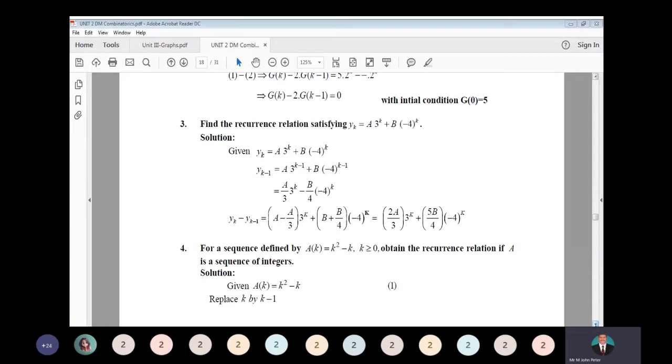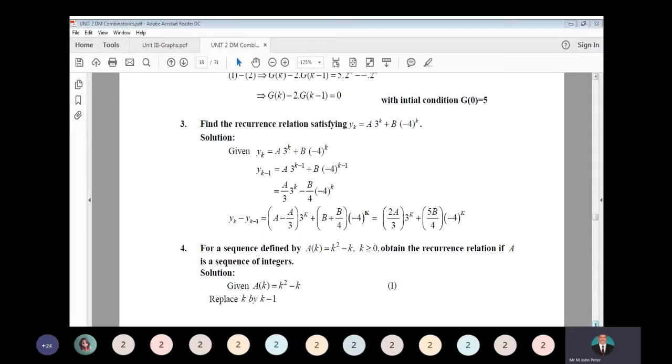You will get a times 3^(k-1) + b times (-4)^(k-1). So you can write 3^(k-1) as 3^k by 3. And (-4)^(k-1) we can write as (-4)^k times (-4)^(-1). Bring that (-4)^(-1) to the denominator, you will get it as minus b by 4 times (-4)^k.